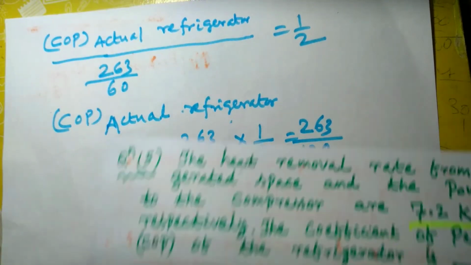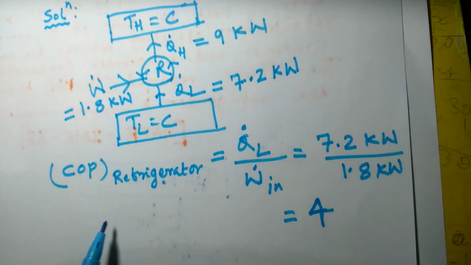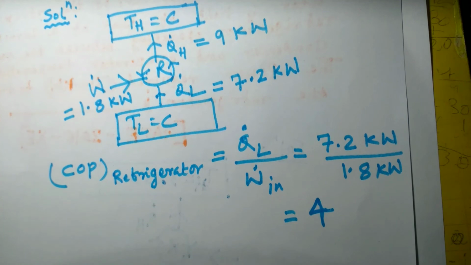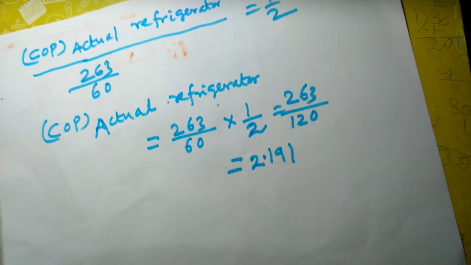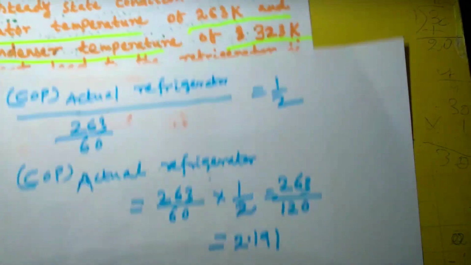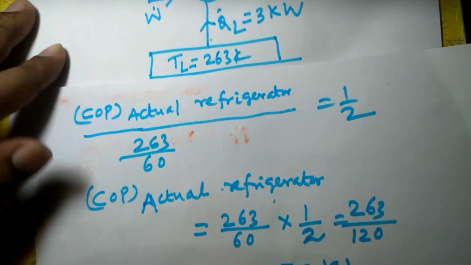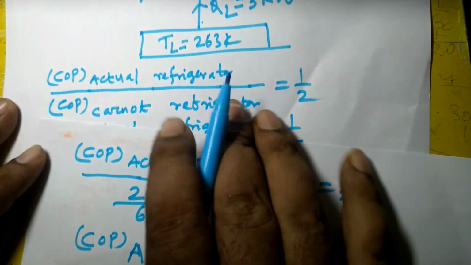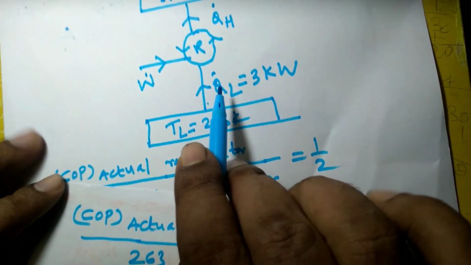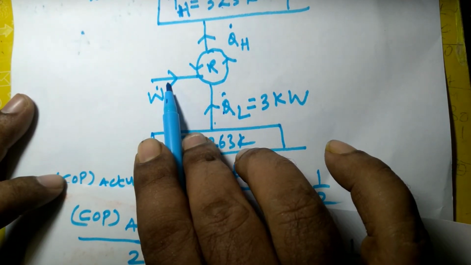So the COP of the actual refrigerator has come out to be 2.191, and the COP of this refrigerator is Q dot L divided by W dot.